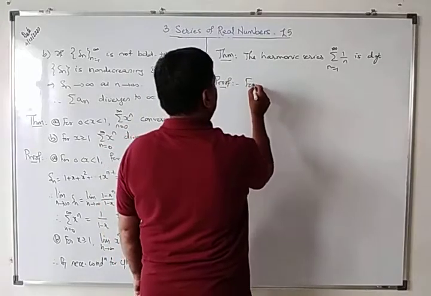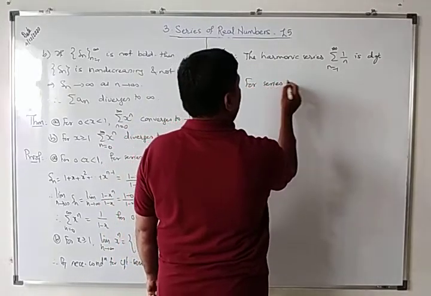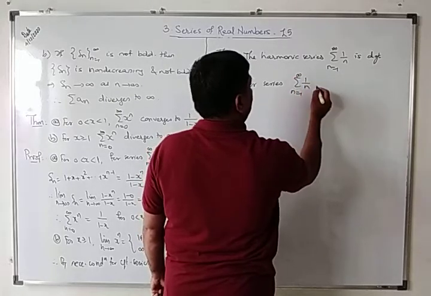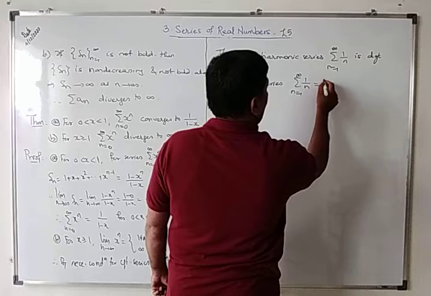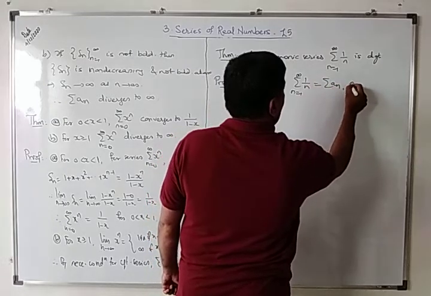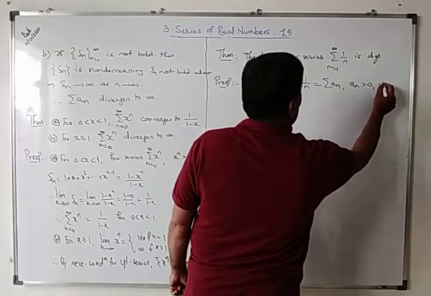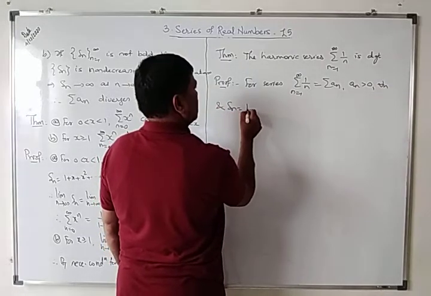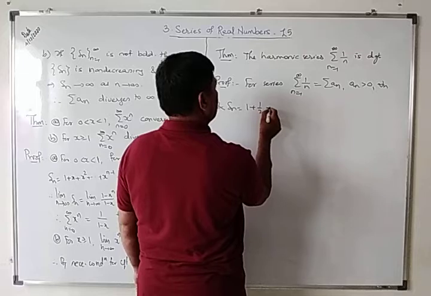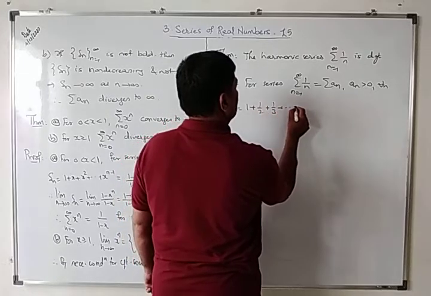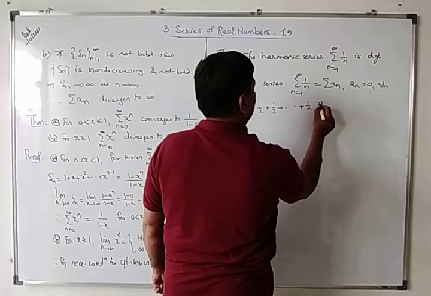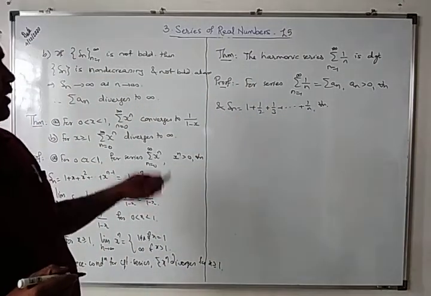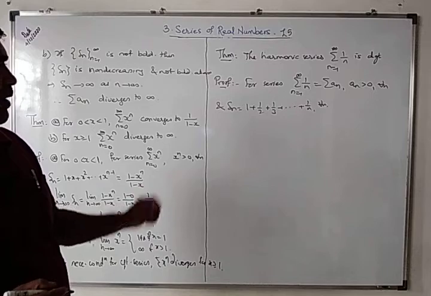For the series summation of 1 upon n, n equal to 1 to infinity, which is equal to summation a_n, a_n is greater than 0 for all n, and S_n is equal to 1 plus half plus 1 by 3 plus etc. up to 1 by n for every n. So it is a series of positive terms where S_n is given by this.